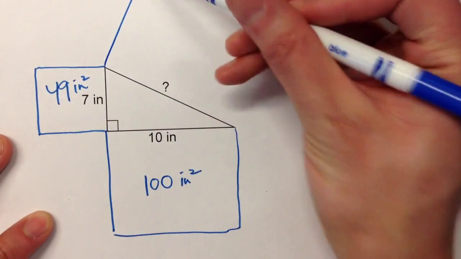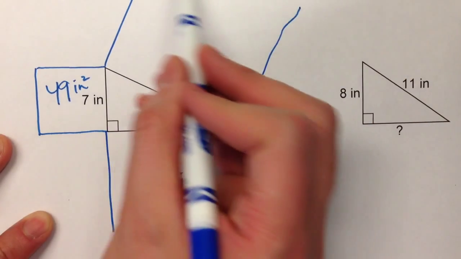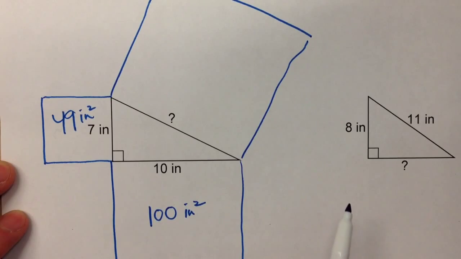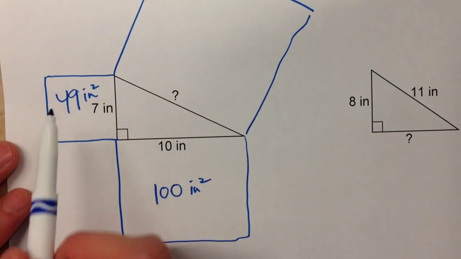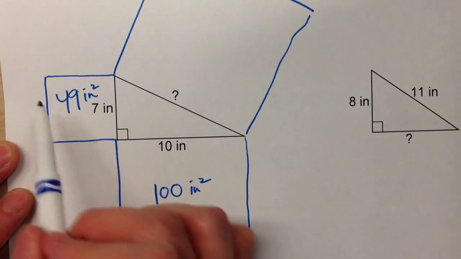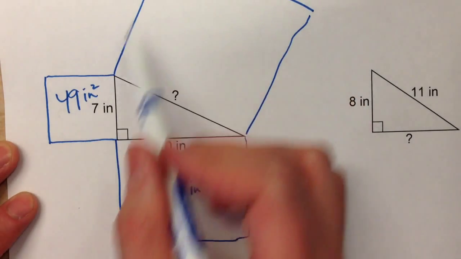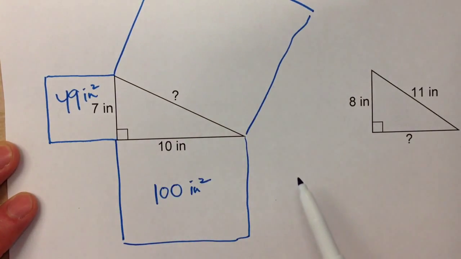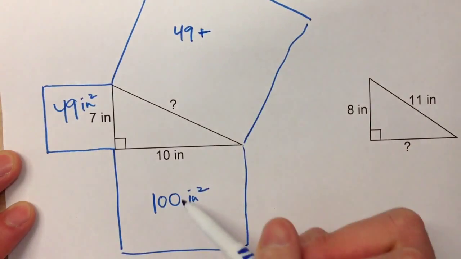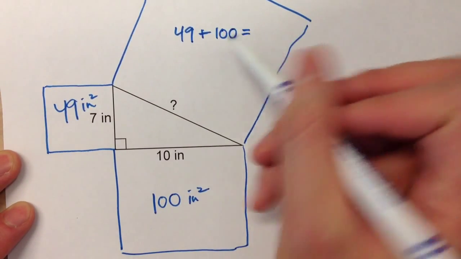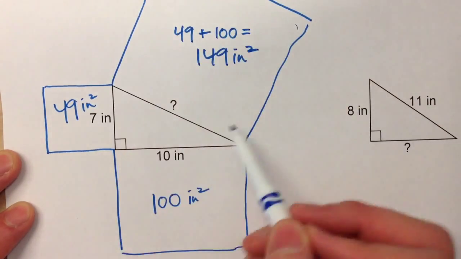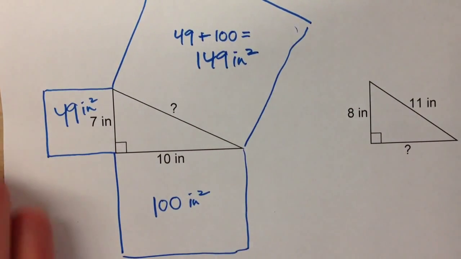And then this side is our unknown square, but the Pythagorean Theorem, the relationship we found yesterday, tells us that the squares attached to the legs add up to the square attached to the hypotenuse. So 49 plus 100 gives us 149 square inches. So that's the area of this square attached to the hypotenuse.